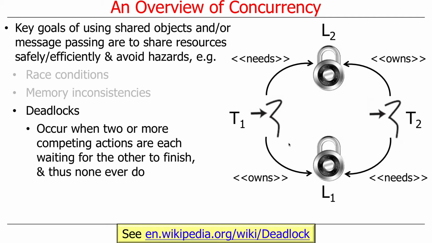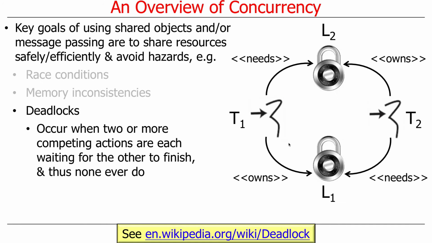The problem here is that T1 owns lock L1, T2 owns lock L2, and then T1 tries to get L2, and T2 tries to get L1. Well, that's going to lead to deadlock because both threads are trying to grab someone else's lock, which is locked, and therefore neither of them will actually get their resources. We'll talk a little bit about deadlock avoidance later.